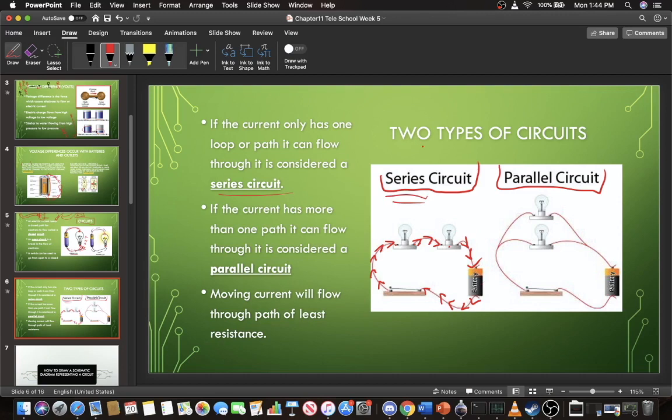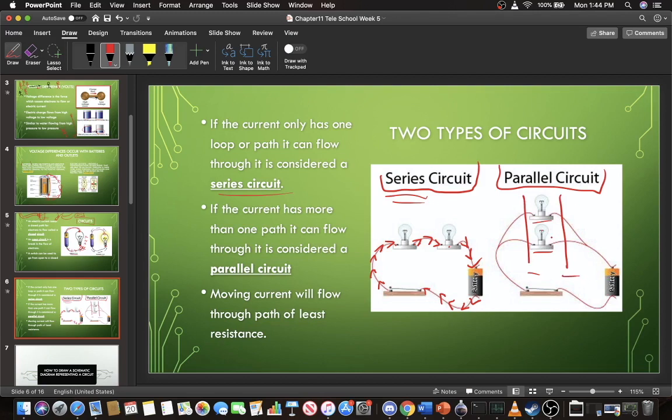Now, if the current has two different directions that it can go in, then it is called a parallel circuit. Typically, they're drawn in this sort of display. You might recall something like this from math, when you have two lines set up like that.